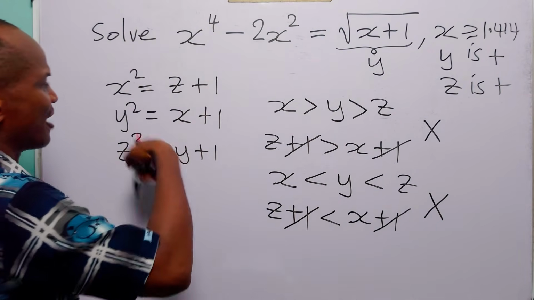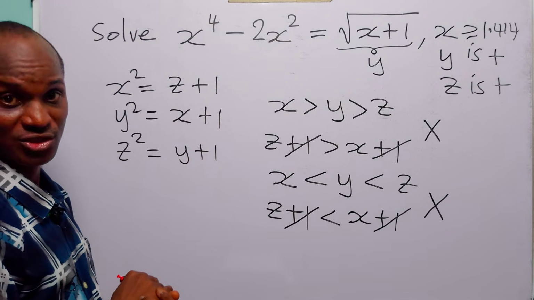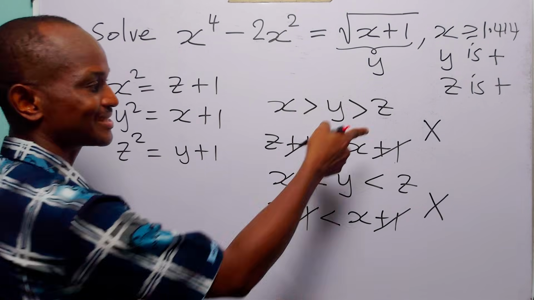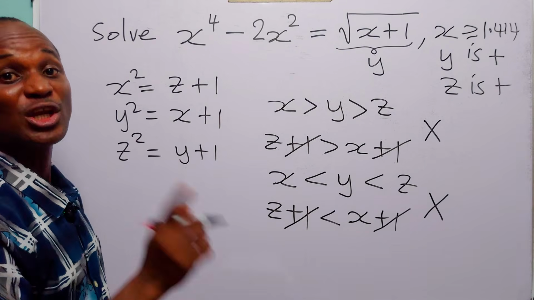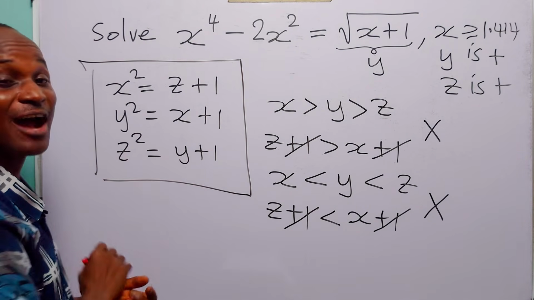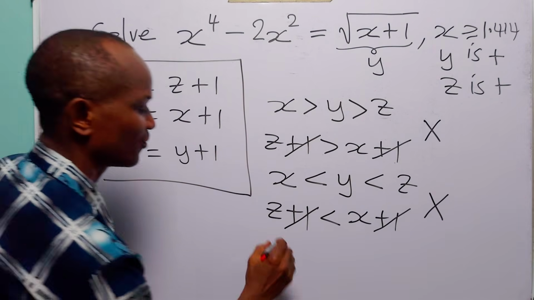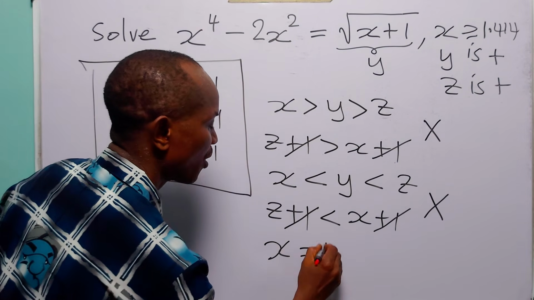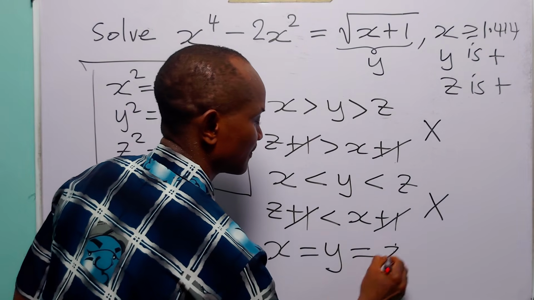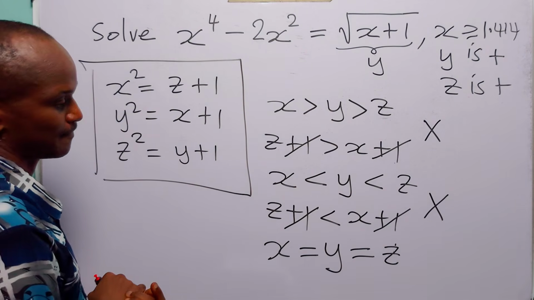Now, however you arrange these equations and go through this thought process, you are always going to get into this contradiction. So the only way that this system of equations will have a solution is if x is equal to y, which is equal to z.